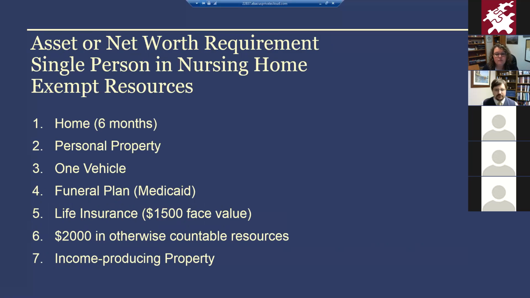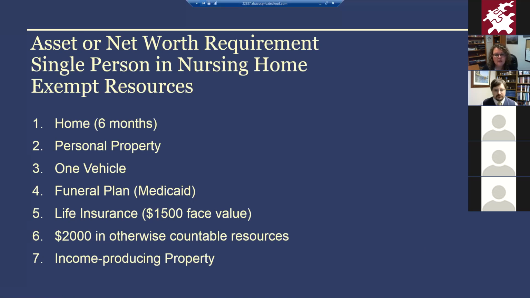We also have personal property exempted, one vehicle. There are a couple exceptions to that if you also own a handicap equipped vehicle. Funeral plans have to meet some certain requirements for Medicaid, but you can have prepaid funeral plans. Life insurance is exempt up to $1,500 of face value.